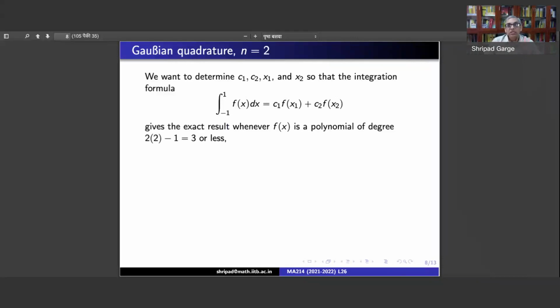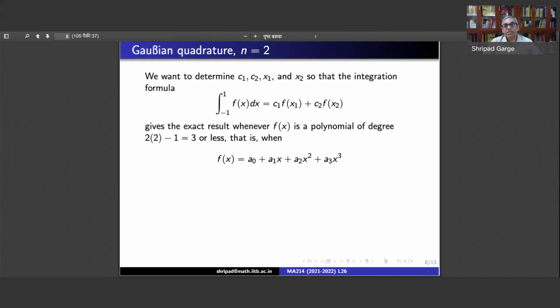So for degree 3 or less, the formula should be exact. That means whenever the function is a0 plus a1x plus a2x square plus a3x cube for any constants a0, a1, a2, a3, our formula should give us the correct answer. We will determine c1, c2, x1, x2 using this.